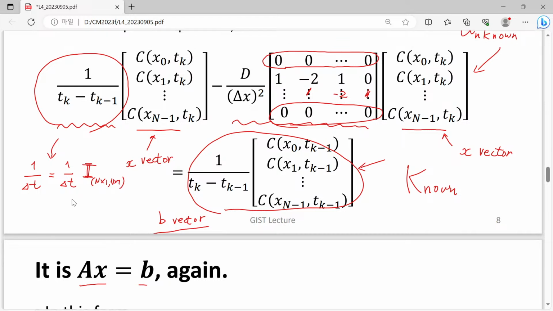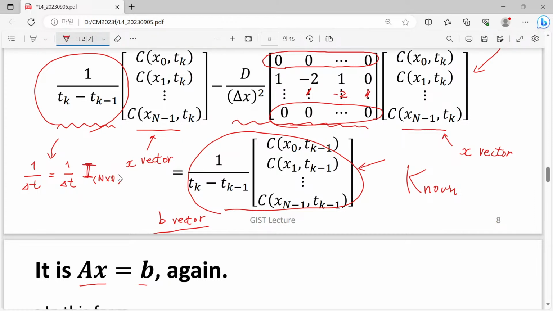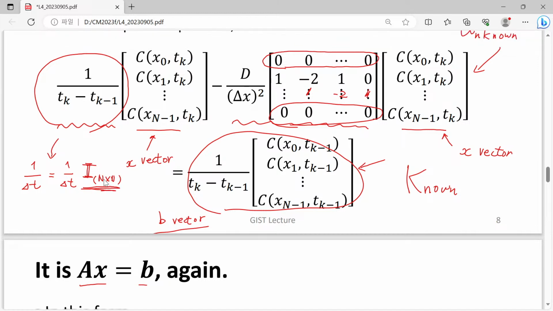If we multiply this n by n identity matrix to our x vector, then it just maps onto the x vector once again.